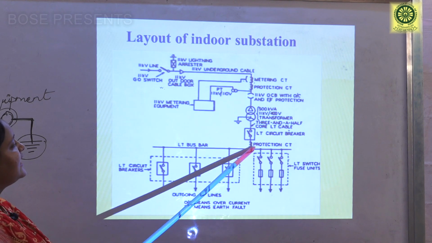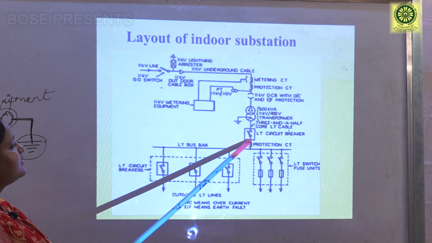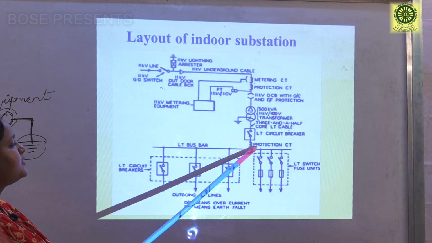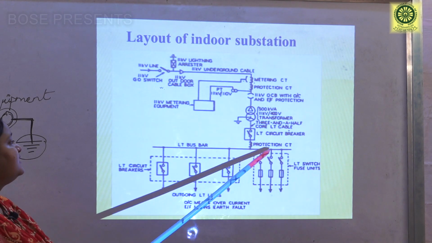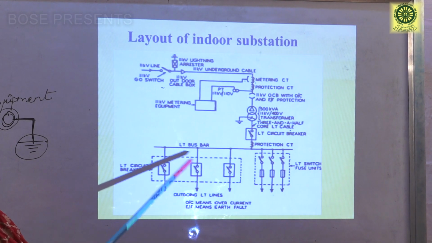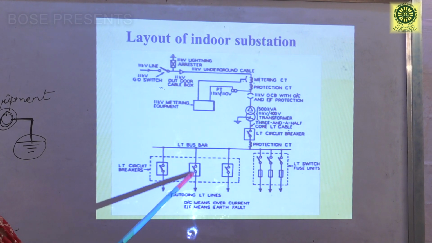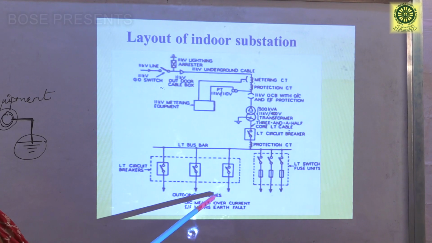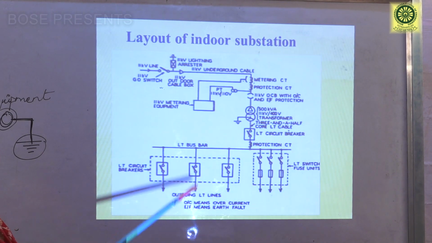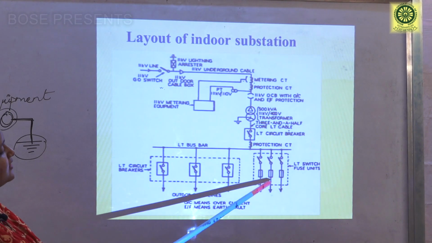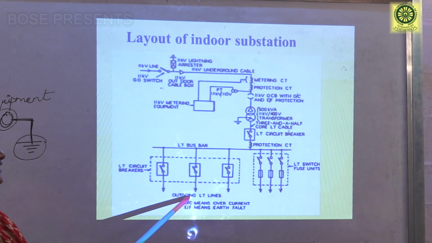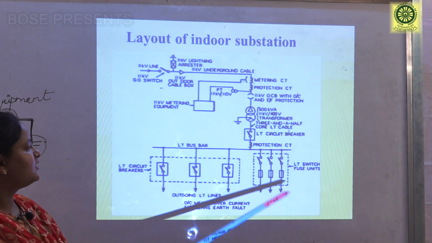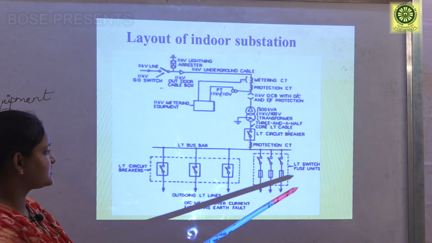Then comes the LT circuit breaker. This is for safety purpose, and the protection CT again is for safety purpose. Then by using the LT bus bar, we are distributing the electrical power, that is 400 volt, over the lines, and these are the outgoing LT lines which are given to the feeders for consuming purposes such as household purposes.